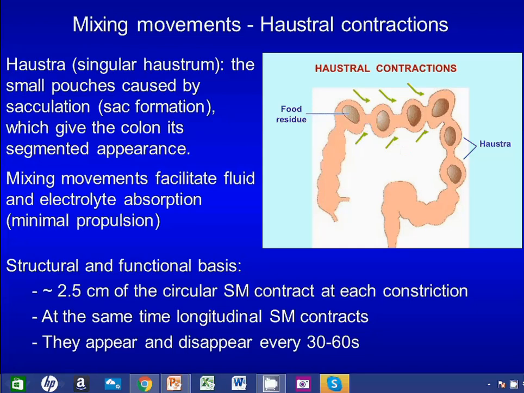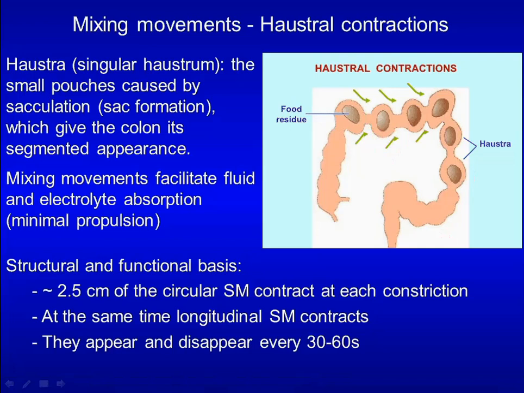At the same time, longitudinal smooth muscle contracts as well. These pouches are dynamic. They appear and disappear every 30 to 60 seconds. Mixing movements by haustration facilitate fluid and electrolyte absorption.